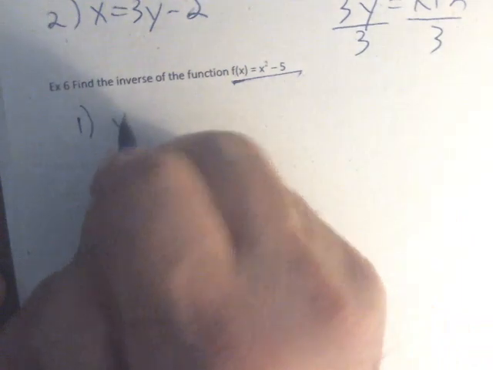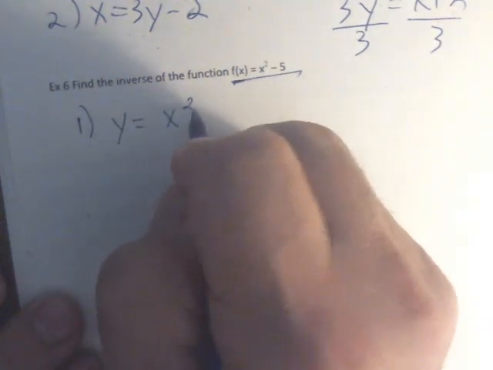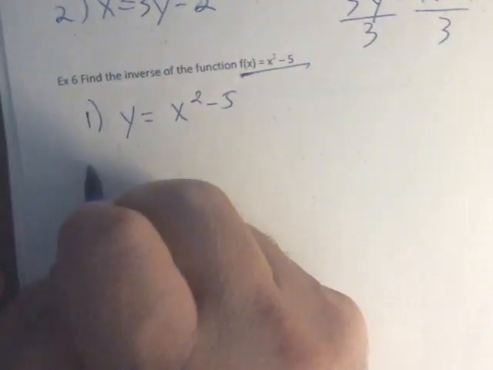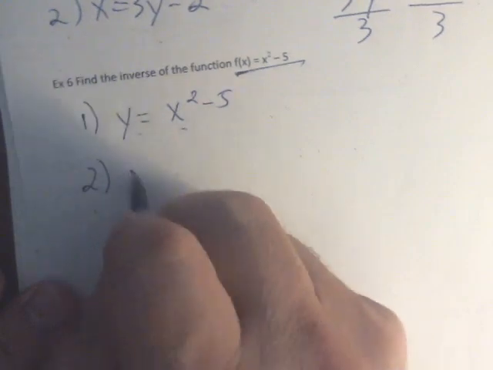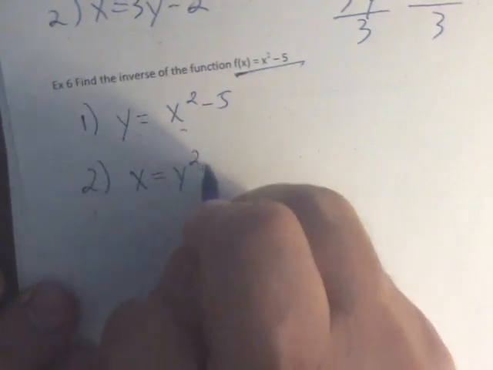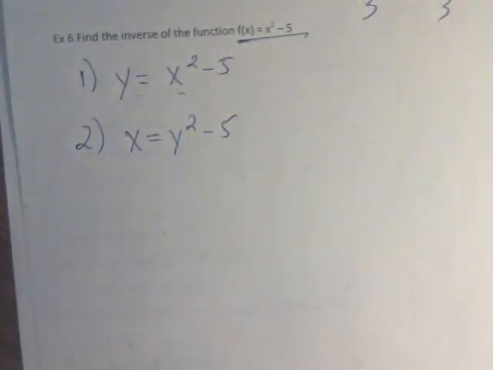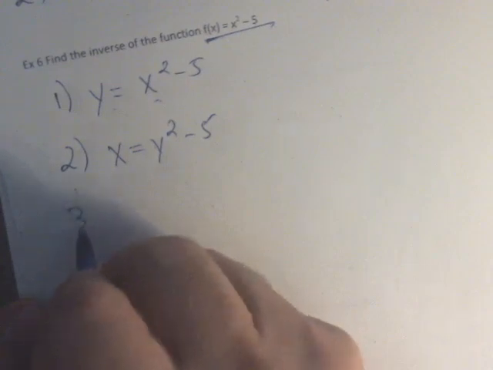step 1, rewrite it: y equals x squared minus 5. Interchange x and y. So I keep the square there. I'm just interchanging the variables. Then solve for y.